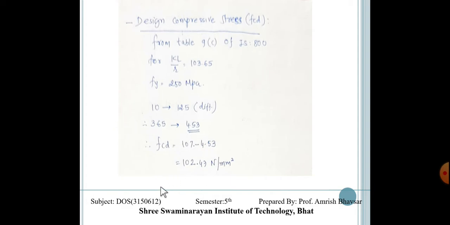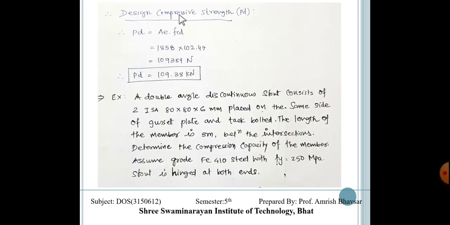So FCD is 102.47 Newton per mm square. Now, design compressive strength PD is equal to A into FCD, that we know. So we have the area 1858 multiplied by 102.47, and we will get this PD. It is 109.38 kilonewton for the double angle.